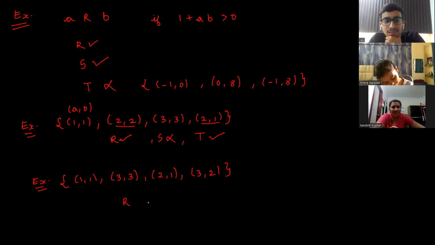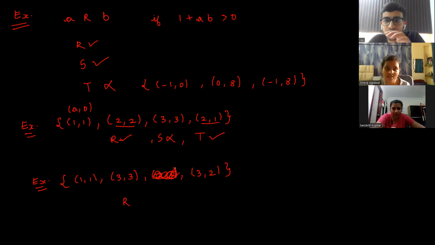Quickly, the second one. Sir, it's not reflexive. Smera, check this one if it's reflexive or not. Not reflexive. क्यों नहीं है? Because 2 comma 2 doesn't exist. अच्छा, if I say कि ये element नहीं है, तो will it be reflexive now?